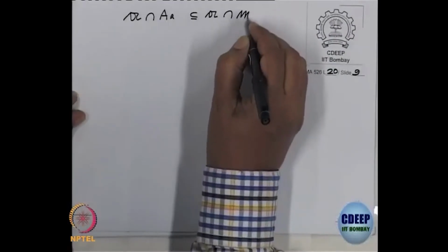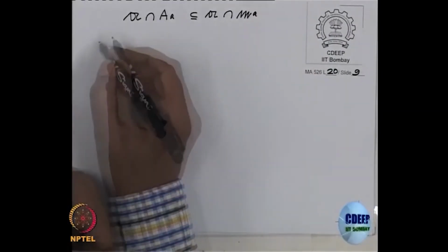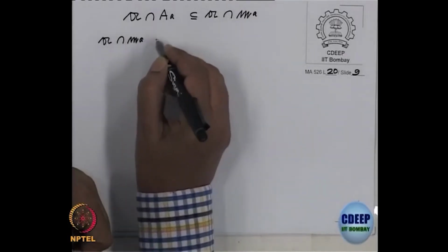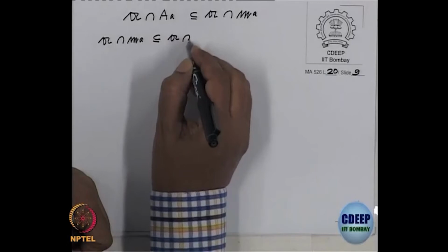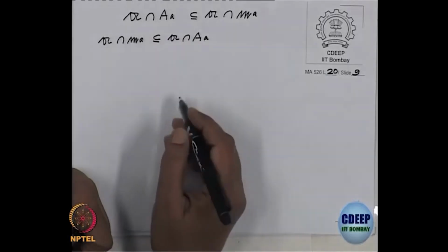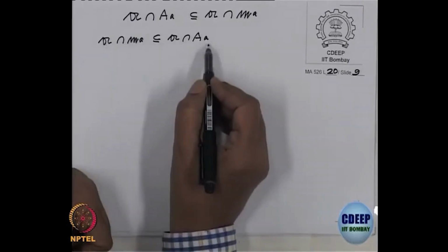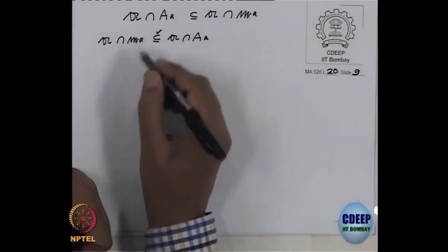First of all, let us look at A intersection A times A. I say this is clearly contained in A intersection M times A. One inclusion is obvious, A intersection M times A, this is clearly contained in A intersection A times A.